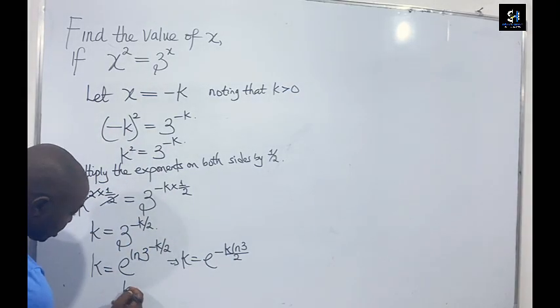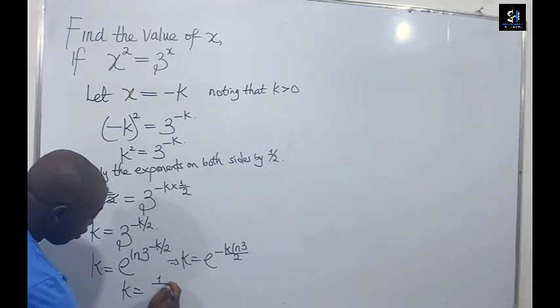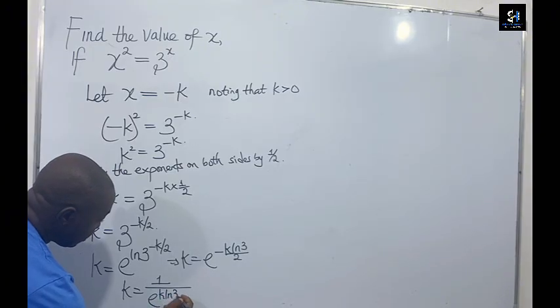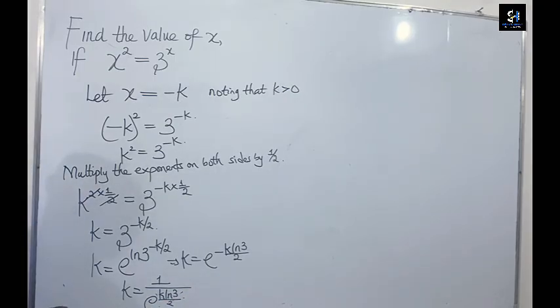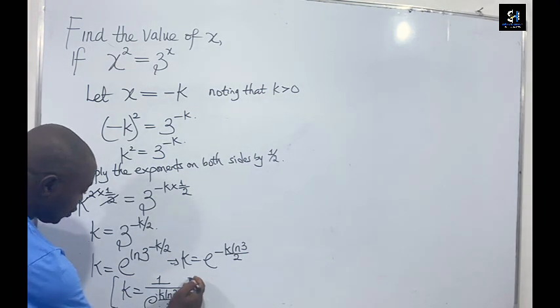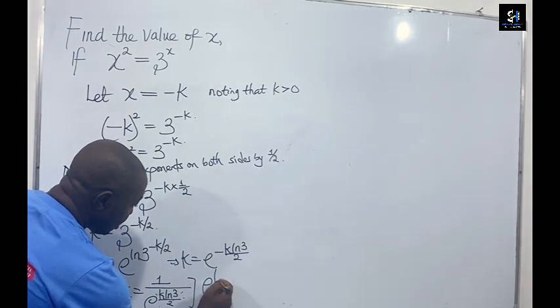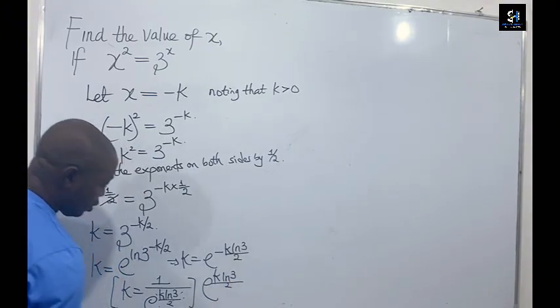And this is the same as k equals 1 over e raised to the power of k ln 3 over 2. All right, so now I'm going to multiply this equation through by e raised to the power of k ln 3 over 2.